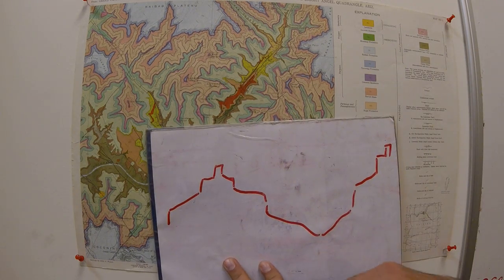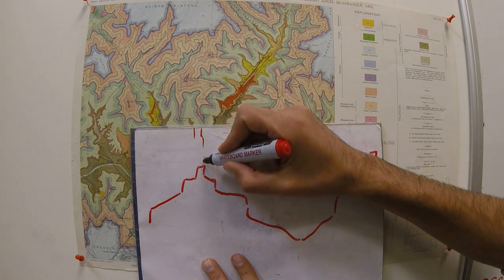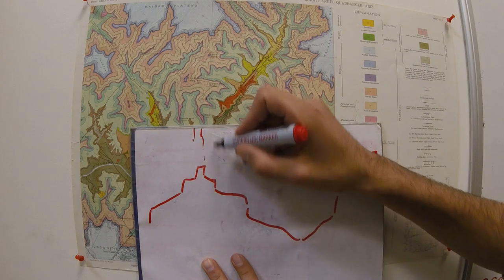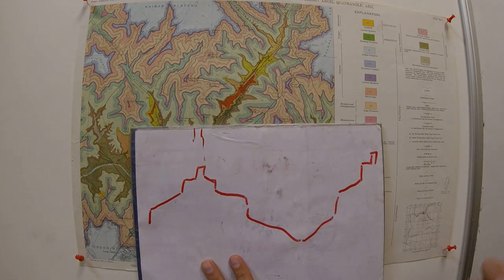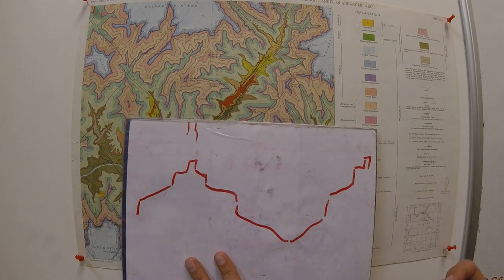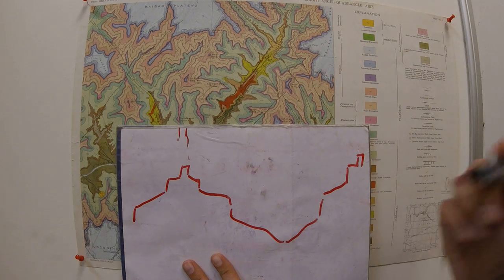The reason why I'm highlighting that is because you're going to try to report your contact. But if you're 1 millimeter off, you can end up with something completely unrealistic. So when you draw your section, think geologically.